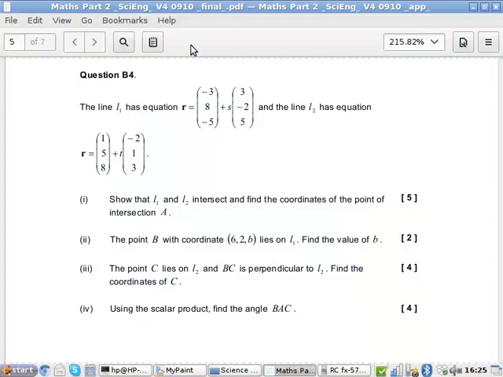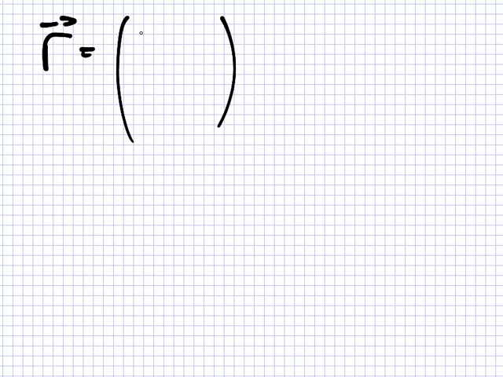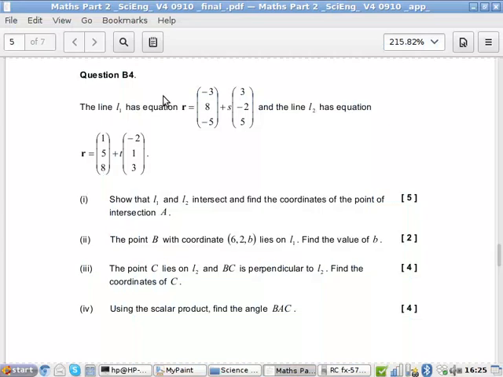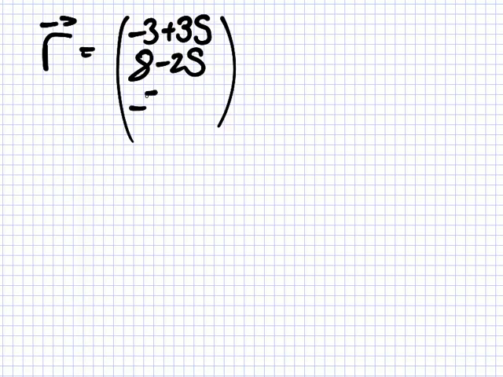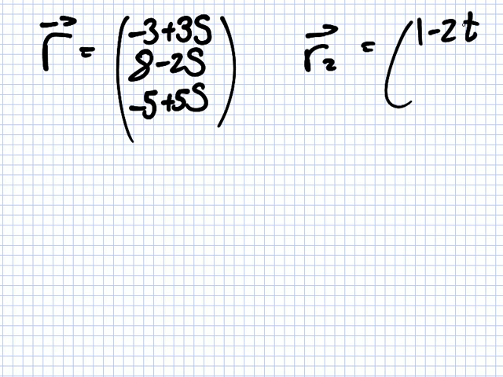What is L1's vector? It is minus 3 plus 3s, then 8 minus 2s, and then minus 5 plus 5s. And then L2's vector: 1 minus 2t, 5 plus 1t, 8 plus 3t.